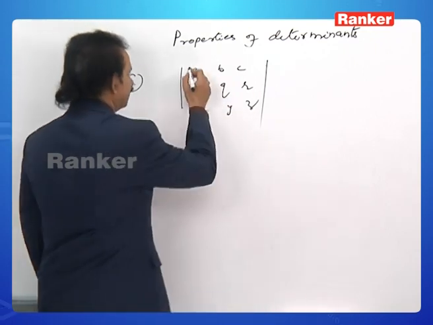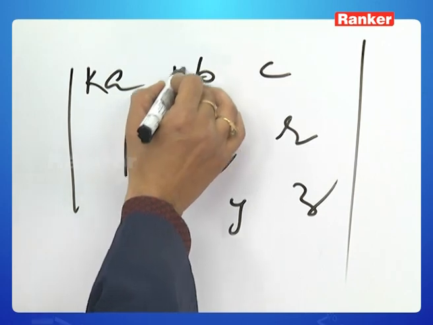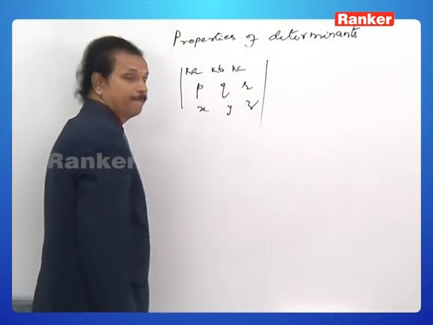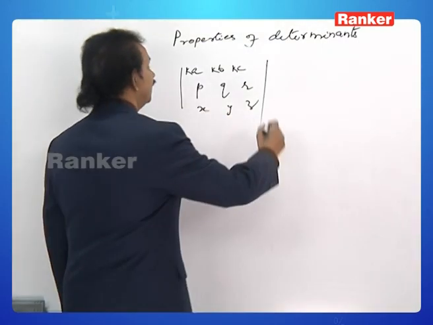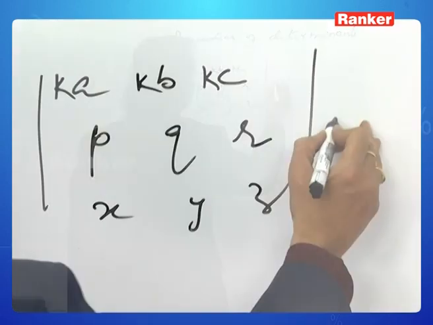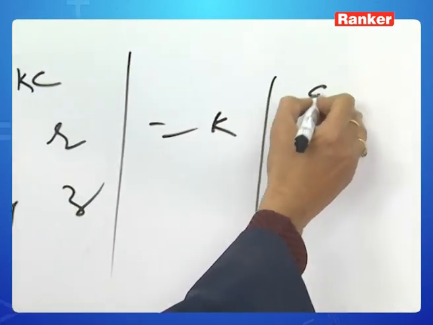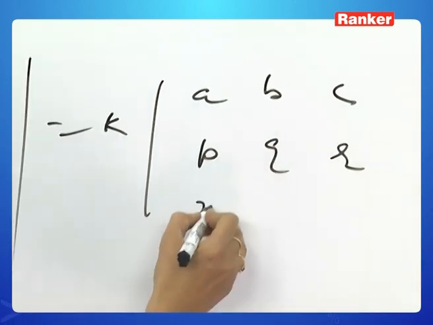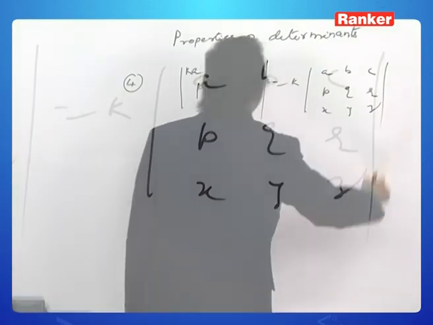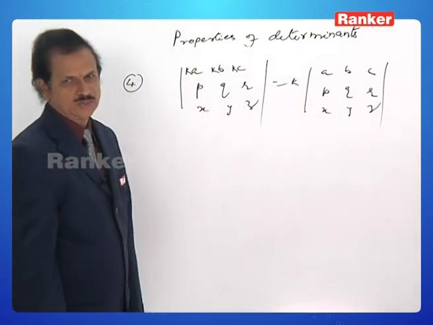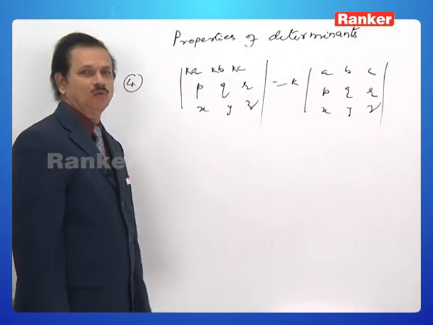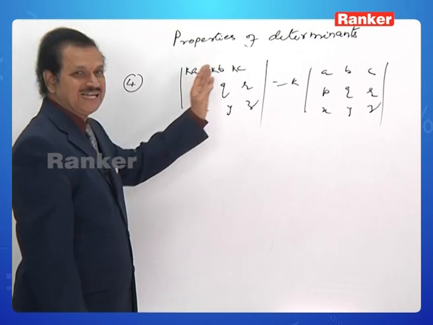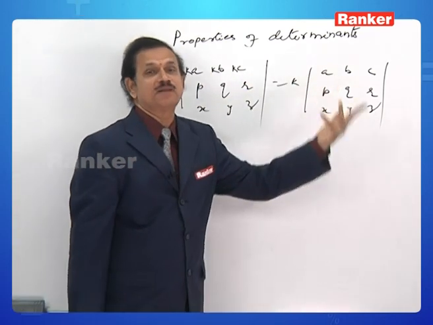Say the first row is kA, kB, kC. Then you can pull that k out from that row itself. This can be expressed in another way also: if the elements of a particular row are multiplied by k, then the entire determinant gets multiplied by k.